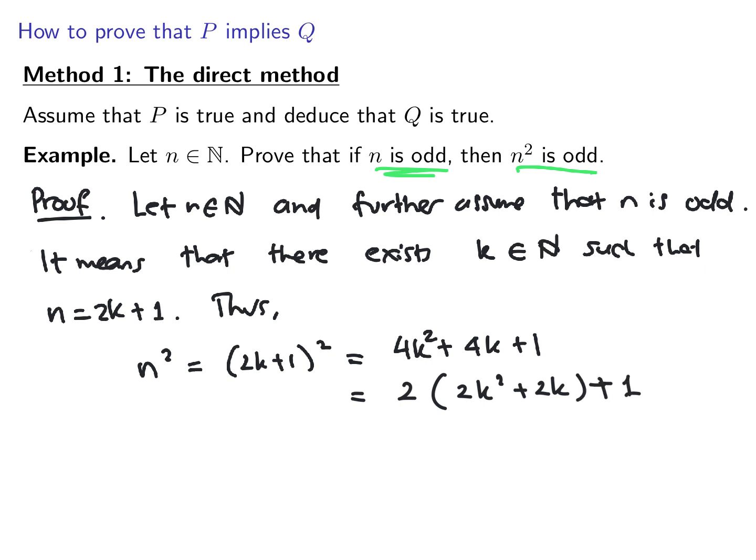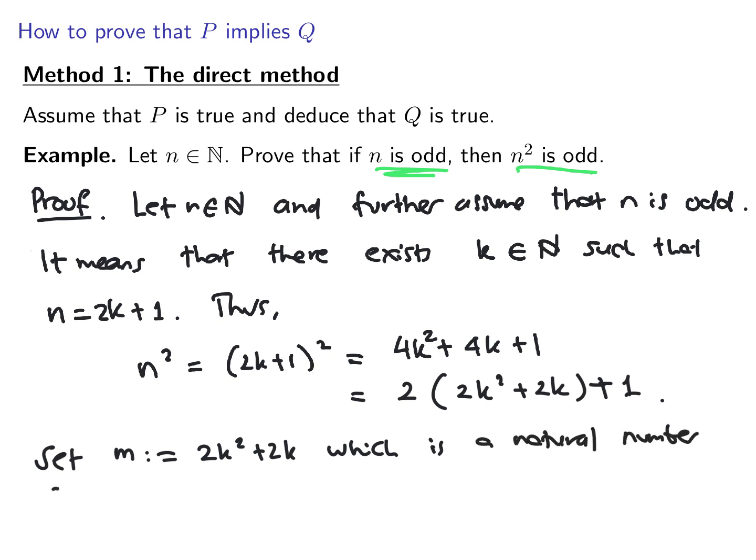Okay, so at this point you can say that n squared is an odd number, or if you want to give more details, you can write the following. Set m to be 2k squared plus 2k, which is a natural number since k is a natural number.